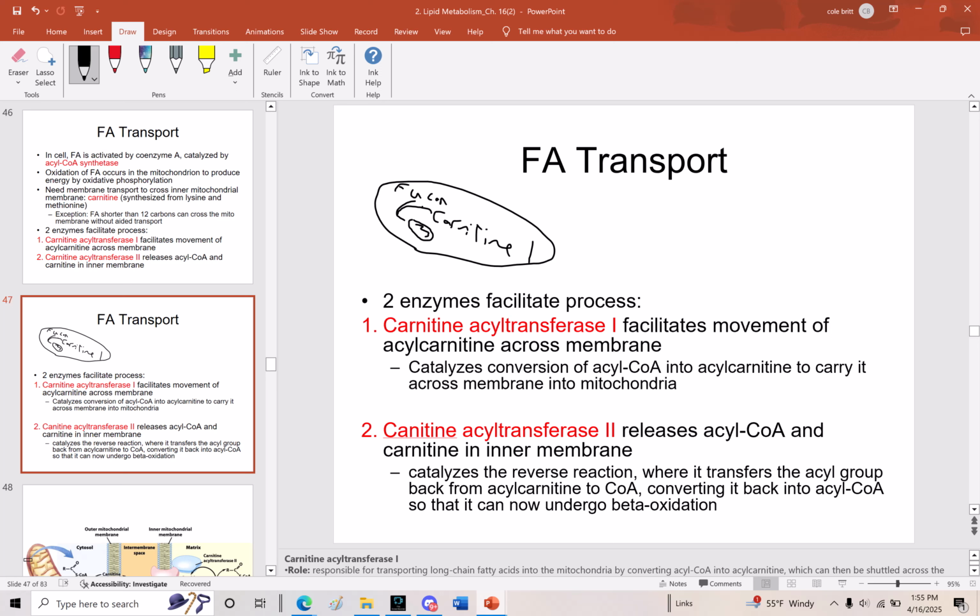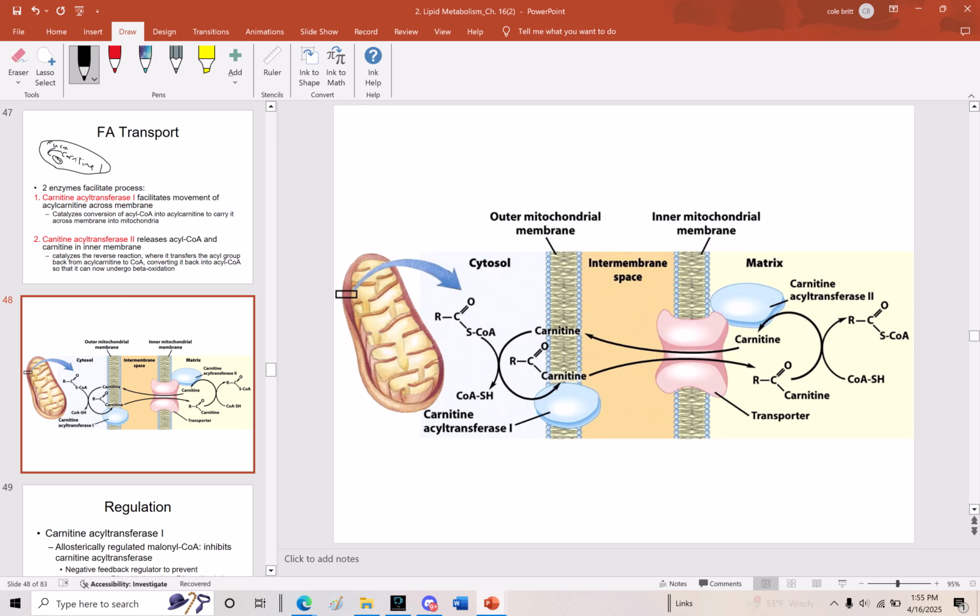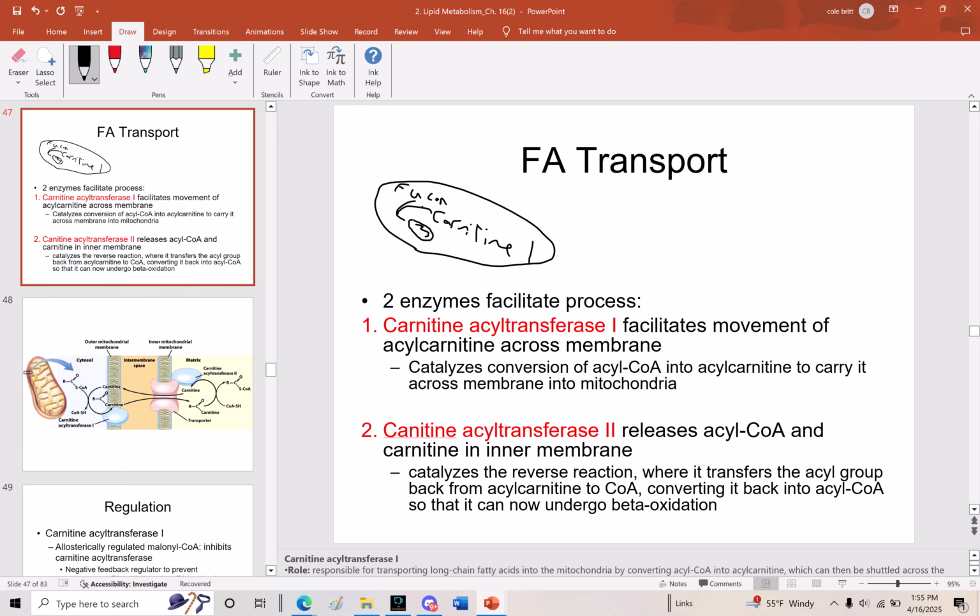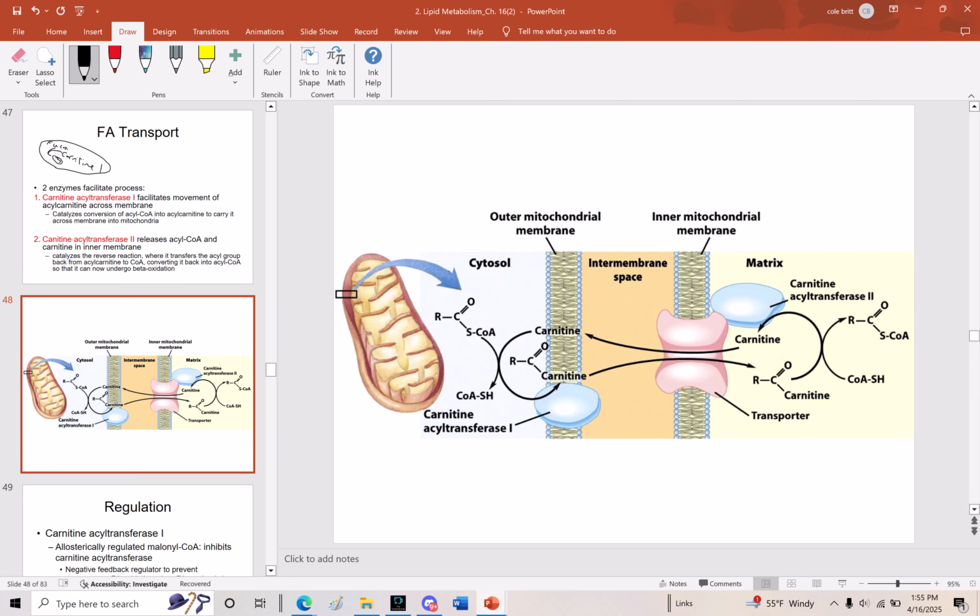Here you go, a better picture. Here again is the mitochondria, and we're trying to get the fatty acid in the middle. We're in the matrix, and the cytosol is on this side.